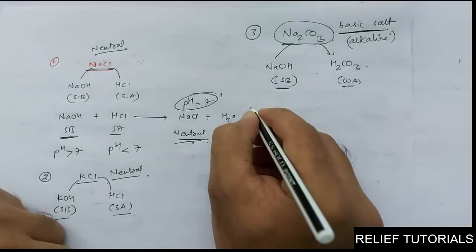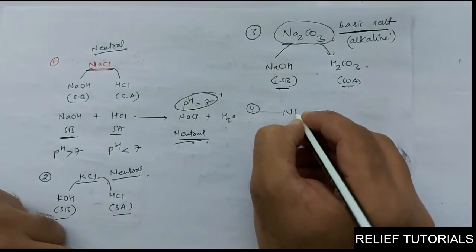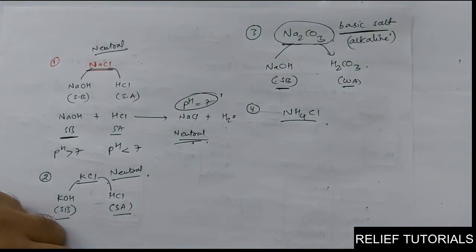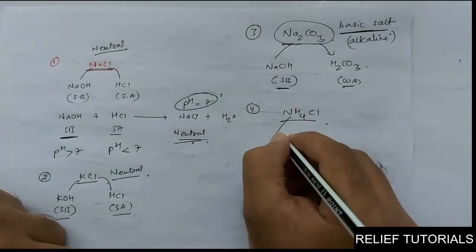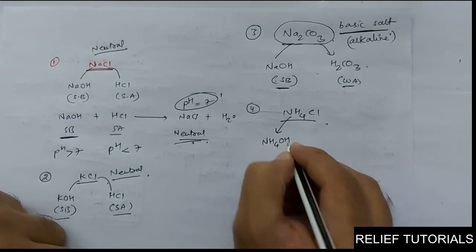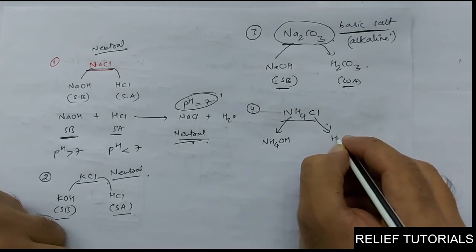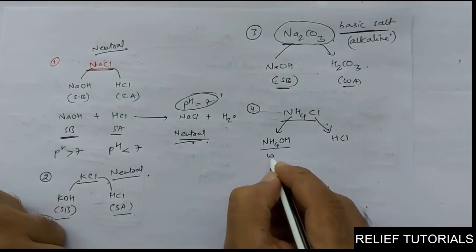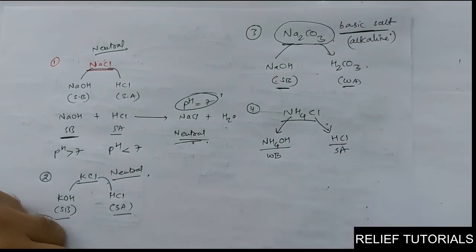Got it or not? For example, one more, NH4Cl, ammonium chloride, the salt. NH4 is a positive ion, so the corresponding base is NH4OH and the corresponding acid is HCl. NH4OH is a weak base, we know it, and HCl is a strong acid.